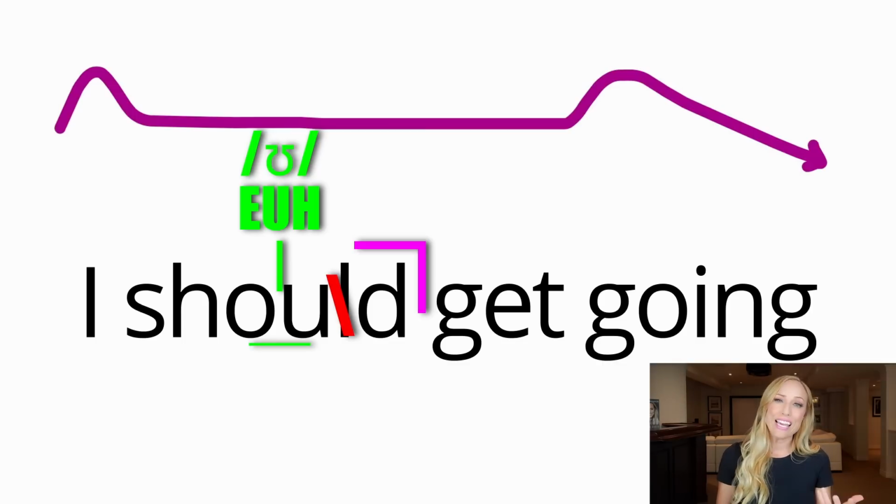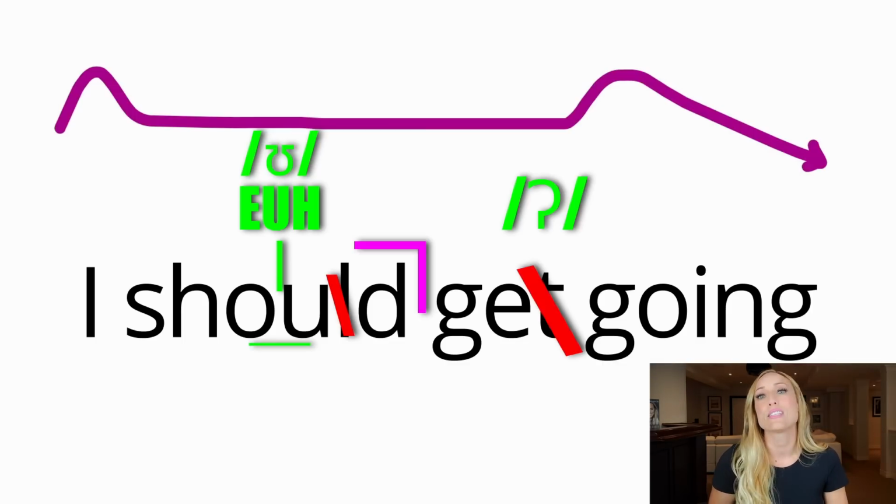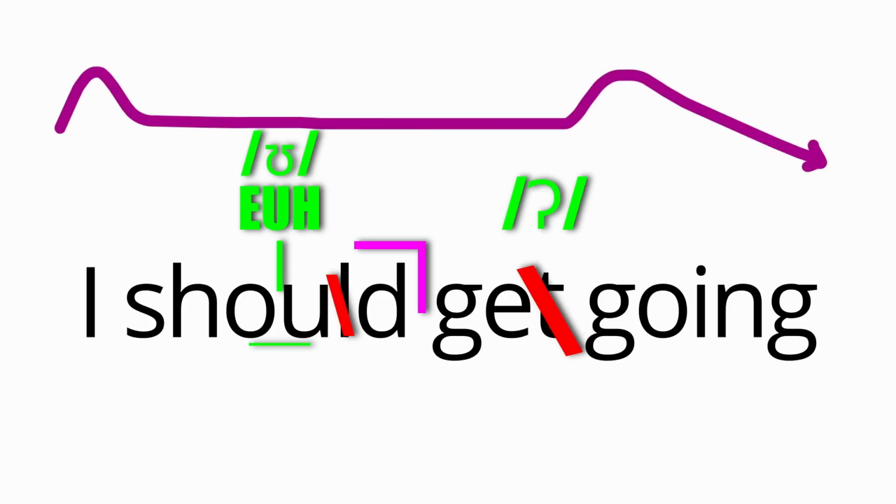The T in get is pronounced as a glottal T, meaning that rather than releasing that T with the tongue tip and a stop of air release, it's held in the glottis and released in the next sound, the G in going. So it'll sound more like get going. I should get going.